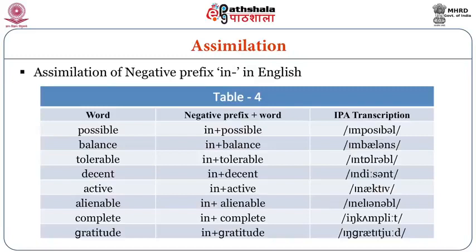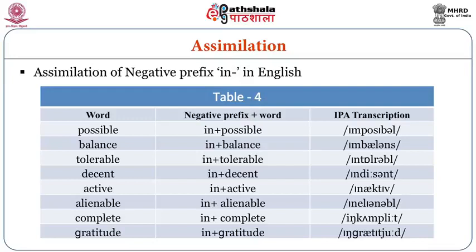Assimilation is again another technique. Assimilation of the negative prefix in English produces new words. When I say possible, it is written like impossible, and it comes like that in the IPA transcription.